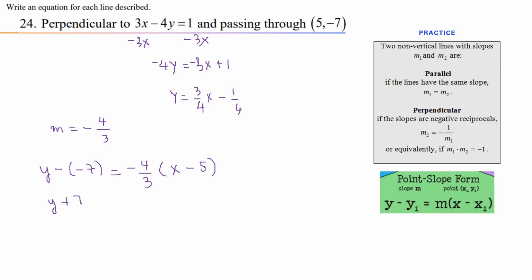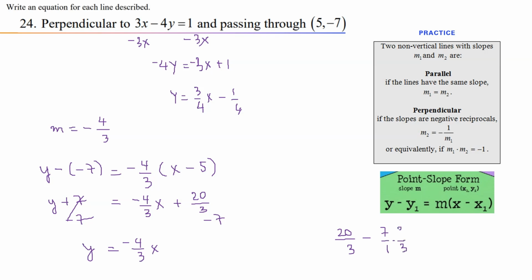Now we have y plus 7 equals negative 4 over 3x plus 20 over 3. Now subtract 7 both sides. y is equal to negative 4 over 3x. Now 20 over 3 minus 7 over 1 times 3 over 3, so that we have the least common denominator, which is 3. So that will be 20 minus 21, that is minus 1/3.